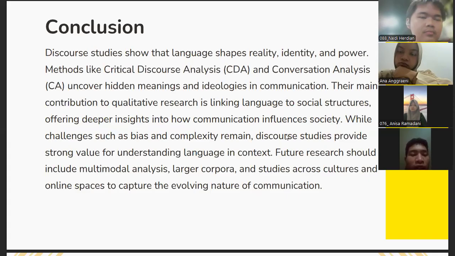While challenges such as bias and complexity remain, discourse studies provide strong value for understanding language in context. Future research should include multimodal analysis, larger corpora, and studies across cultures and online spaces to capture the evolving nature of communication.